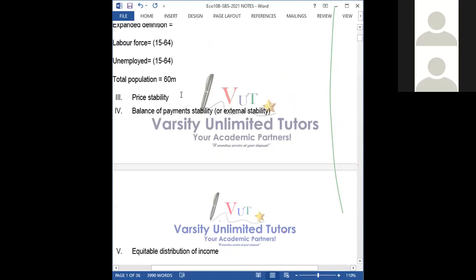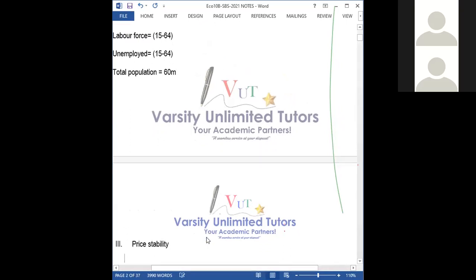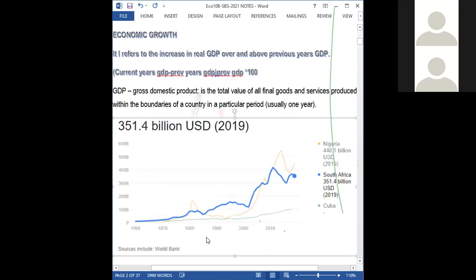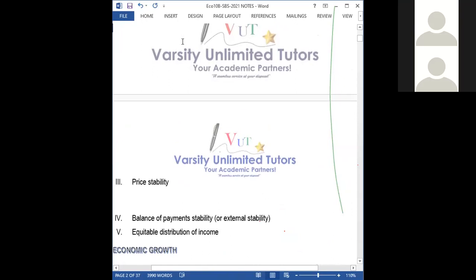All right. So the other measure of the performance of an economy is price stability. With price stability, we are looking at the stability of prices within the economy. Price stability is usually a function of the monetary policy.